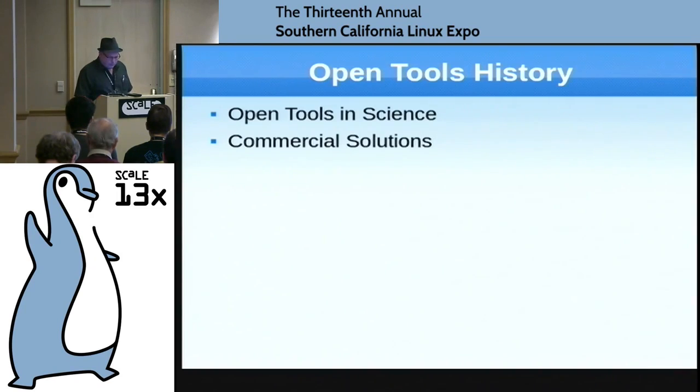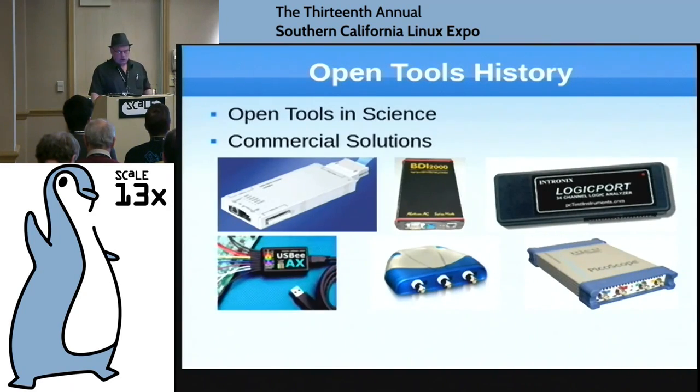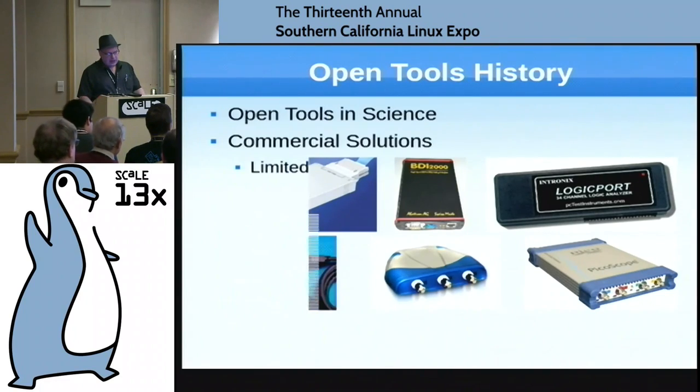With that in mind, today we're looking at probably the last 50 years in electronics. There are tons of commercial solutions for things such as logic analyzers, USB scopes, all kinds of devices for JTAG, you name it. There's a commercial solution for doing debugging of some type.